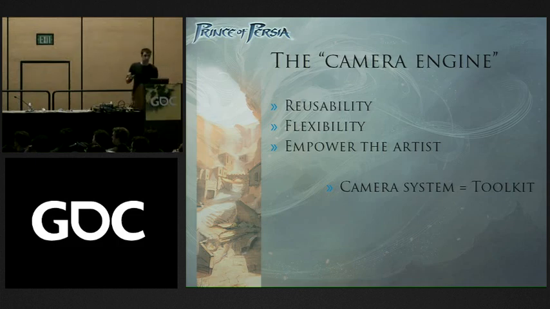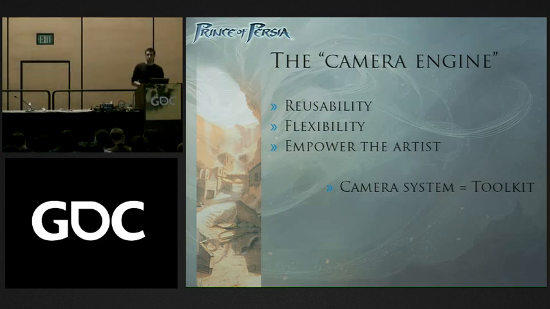And the solution is to think of your camera system as an engine. So you have to think your system as reusable as possible, as flexible as possible, and you have to give the power to the artist. So the camera system really should be like a toolkit. You give that to your artist, and your artist can say, okay, in that situation, I want to film it that way.